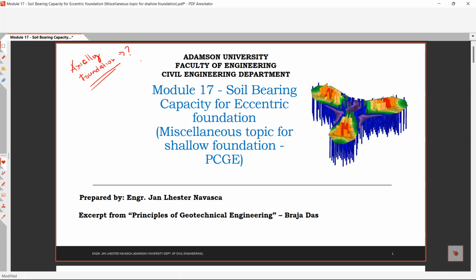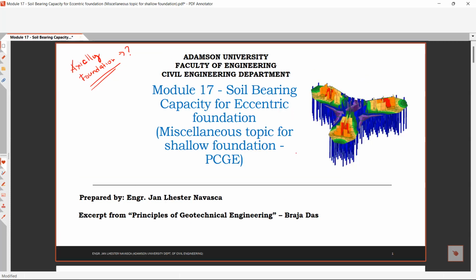So paano natin i-solve yung soil bearing capacity for eccentric foundation? This topic is hindi siya natatalakay sa ibang classes, hindi na-discuss sa amin nung nag-aaral pa ako nung college.